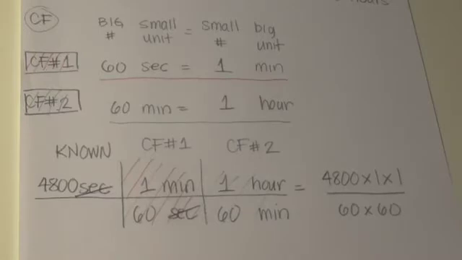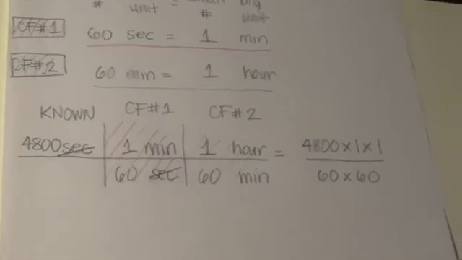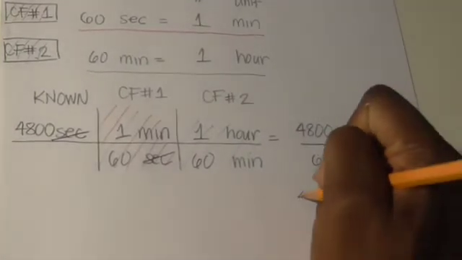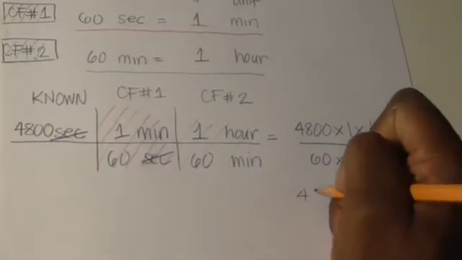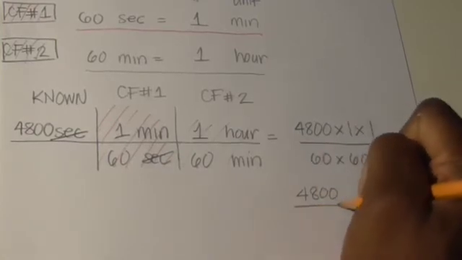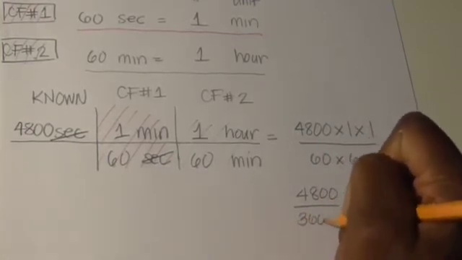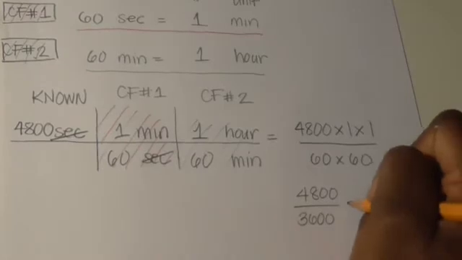See if you can finish up your calculation. So for those of you who did put the number in your calculator, you would find that you had 4,800 on the top and 3,600 on the bottom.